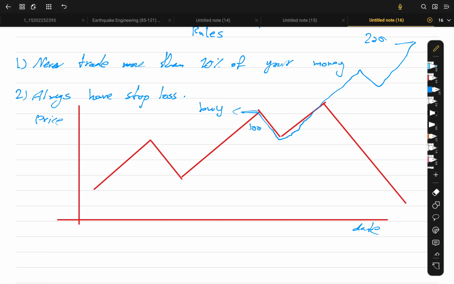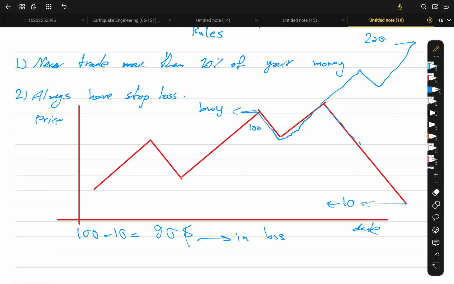Think about the chart not going this way. When you don't put a stop loss, the chart goes down, down, down, and when you finally give up hope, you sell at $10 and make a $190 loss.